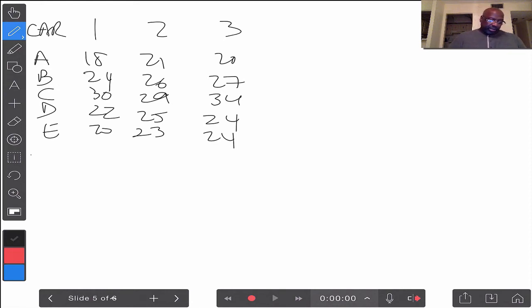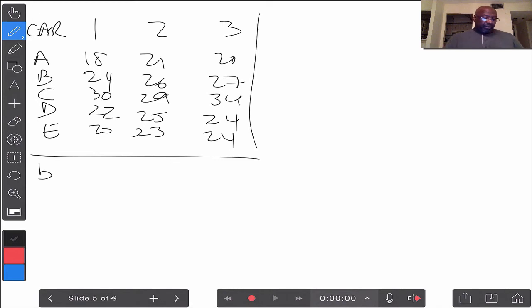And so let's set this up nicely. We should note the size of each of the treatments. The sample size for each treatment is the number of blocks, which is the number of cars. So it's just 5, 5, and 5.